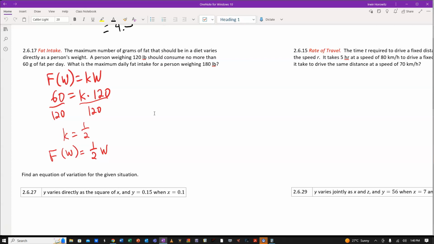So we evaluate the function when w equals 180. And that's 1/2 times 180, which is equal to 90. So f of 180 will equal 90 grams of fat. And that is the answer to the question that is posed in this problem.